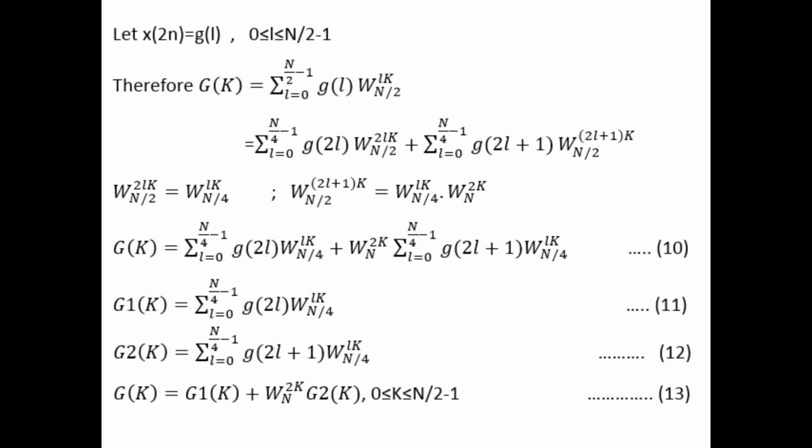We can call it as equation number 12. Then g of k is equal to g1 of k plus omega N of 2k into g2 of k, where k varies between 0 to N by 2 minus 1.